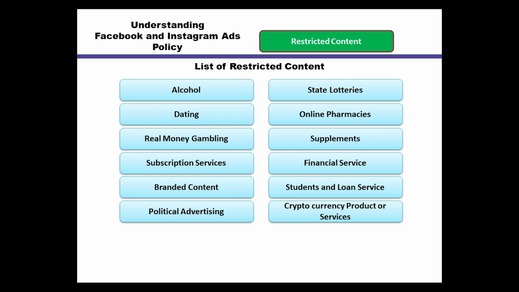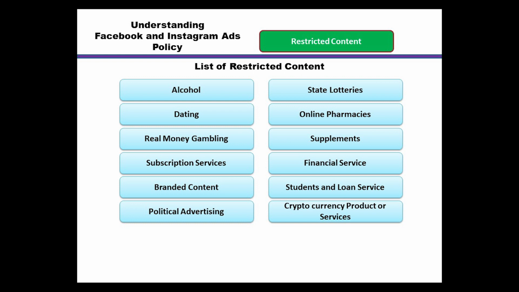So if your page is landing to collect information, in exchange you might probably offer something, but because you are collecting information from the people, your target audience, Facebook and Instagram doesn't allow you to use these subscription services.